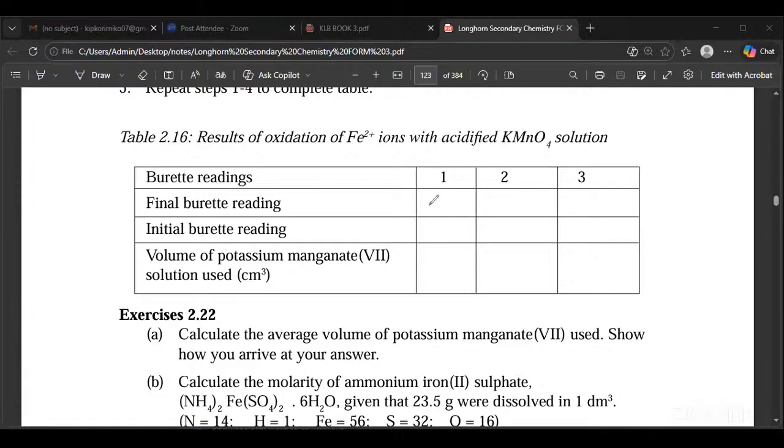For example, if the volume of iron that you have used there is 10.0, you don't write 10, you write 10 point 0. I have decided that we use 1 decimal place all through. Now, the initial reading is 0. You don't write 0. It is 0.0. Now, this one is correct. And then you subtract the initial from the final, you get the volume 10.0.